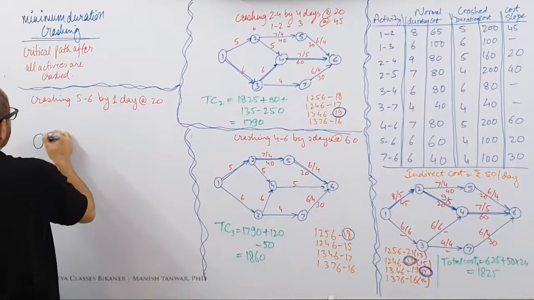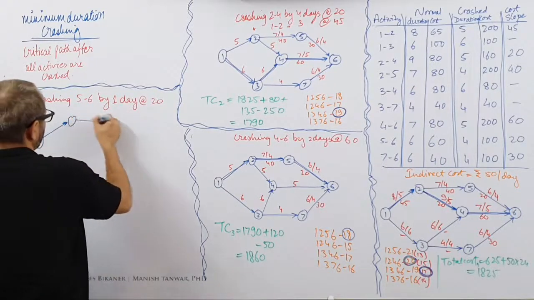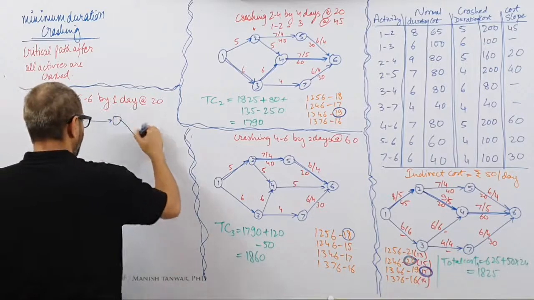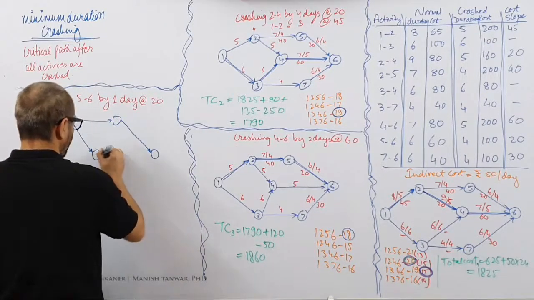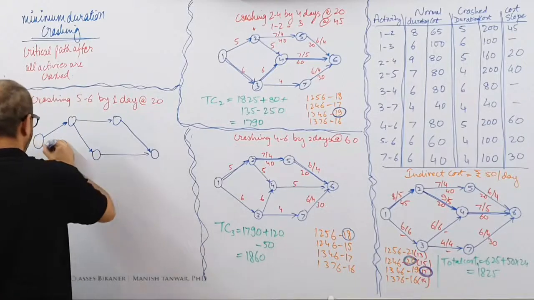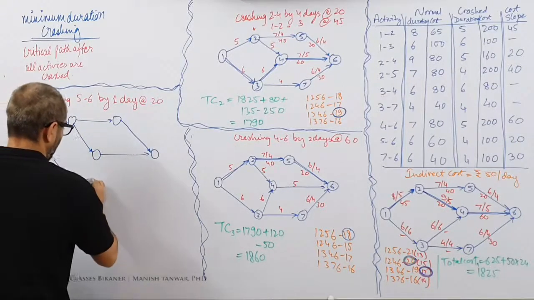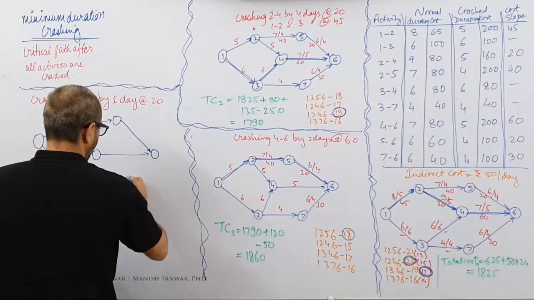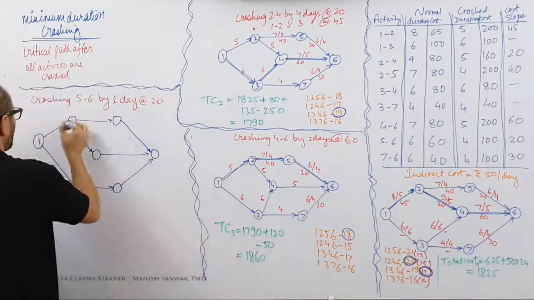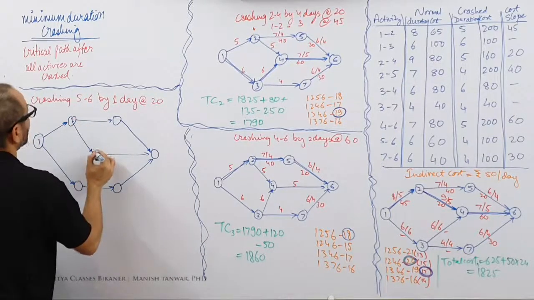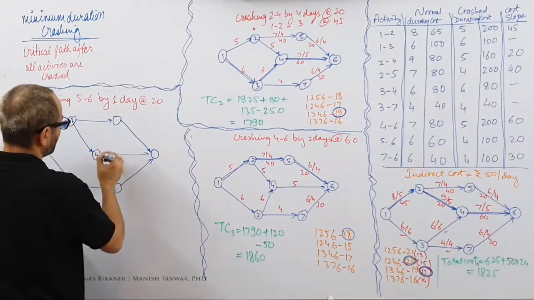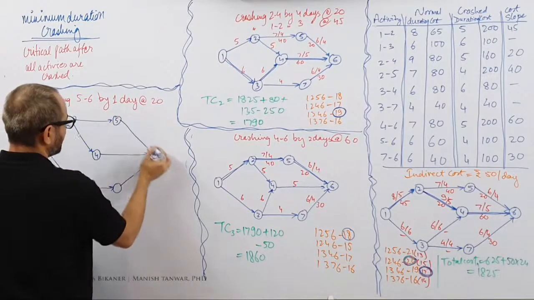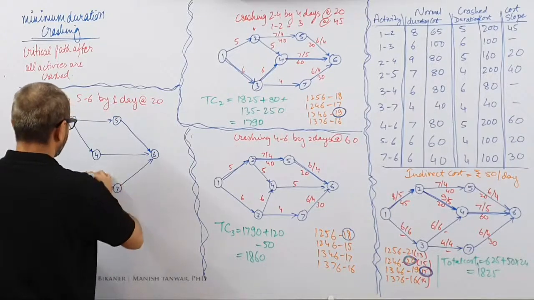The new network becomes one, two, we have a 3 over there, 4, 5, 6 and 7.